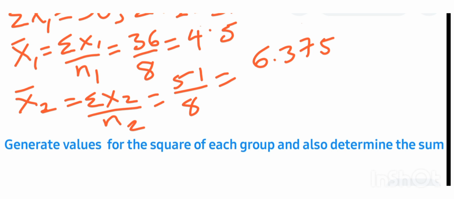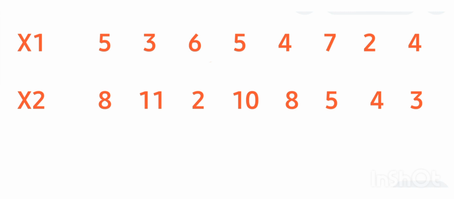This step says generate values for the square of each group and also determine the sum. That takes us back to our table. We are instructed to determine the square of each group. The square for the first group, we'll call it S1 square, and here we go. 5 square gives 25. Next, 3 square gives 9. 6 square gives 36.